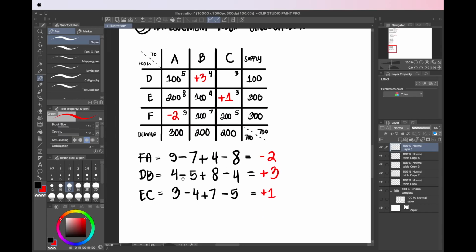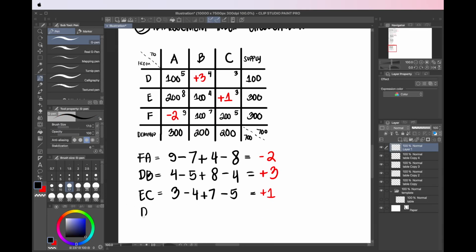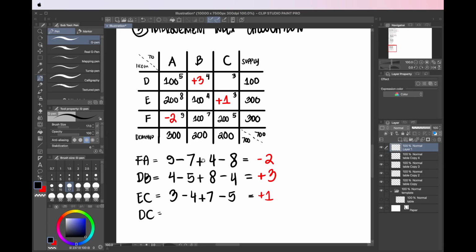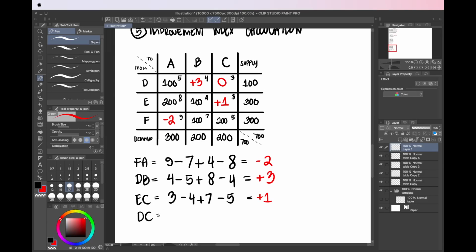Okay, so last but not the least is DC. Now notice here that in the first place, if we didn't have these values at all, or these entries, we can't create the closed loop traditionally, right, using the adjacent cells. We would do this, do this, do this, and do this, and go back to the cell.